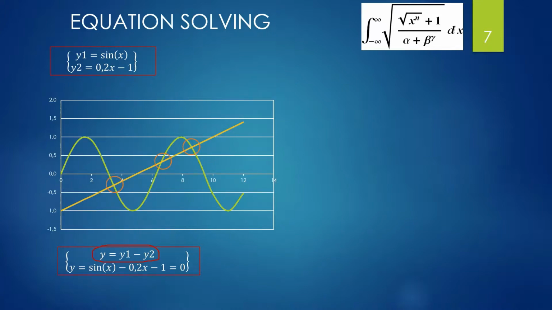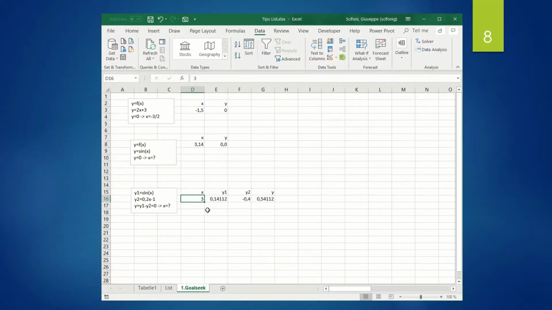Also in this case the solutions are many, so if we want, for instance, this solution, we need to start from a guess value close by. Let's look at the Excel solution now. The x value is still our unknown.